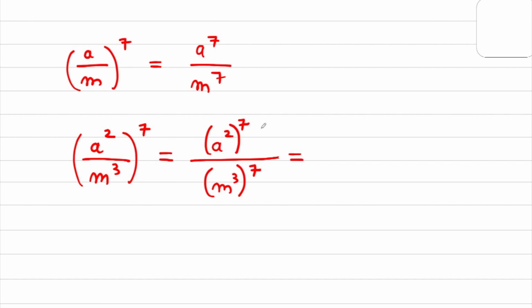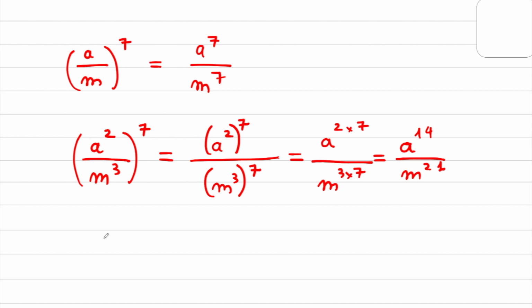A squared and 7 outside, you will have the multiplication of the two power numbers, 2 times 7, and the same thing for 3 times 7 in the power number of the denominator. After that, you get a here 14 and you get m here 21. Yeah.